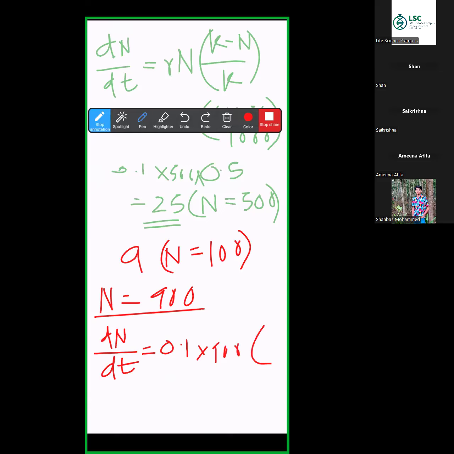We will get 0.1. So 0.1 into 0.1 into 900, so we will get 9.